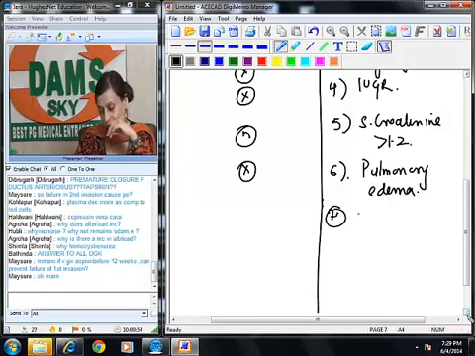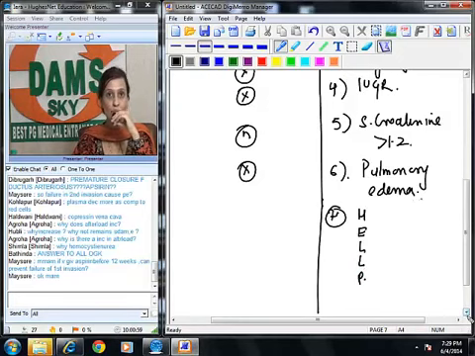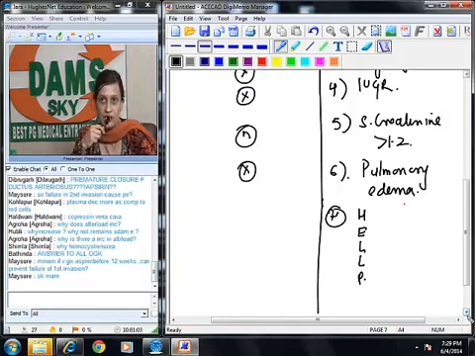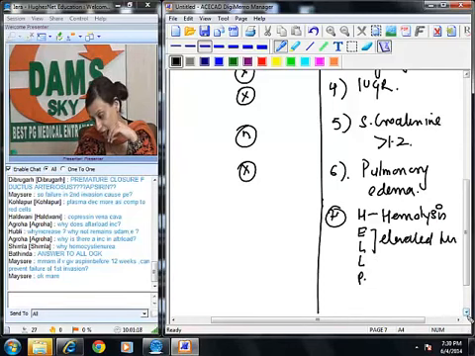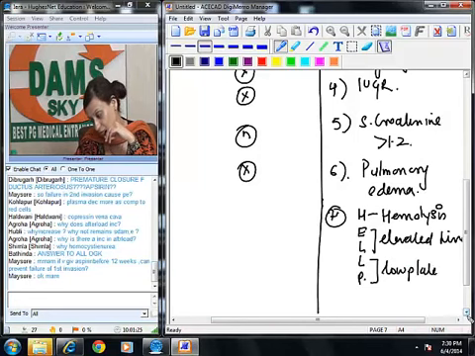Seventh, patients with severe preeclampsia develop the HELLP syndrome, what we were talking about a few minutes back. In HELLP syndrome, H stands for hemolysis, EL stands for elevated liver enzymes, and LP stands for low platelet count.